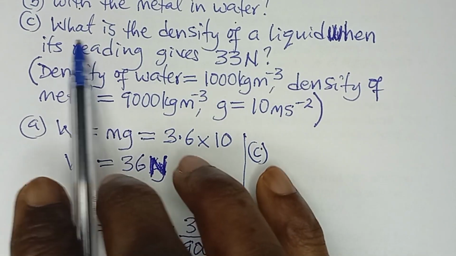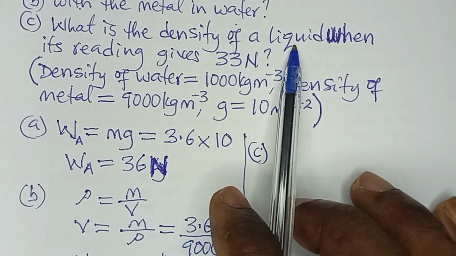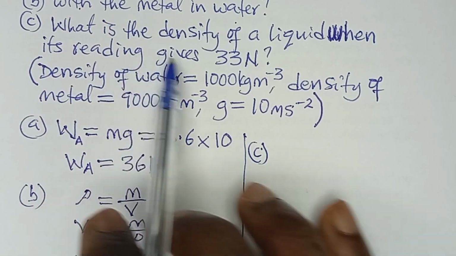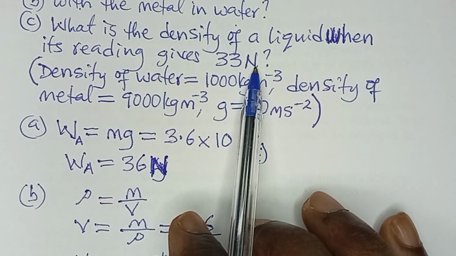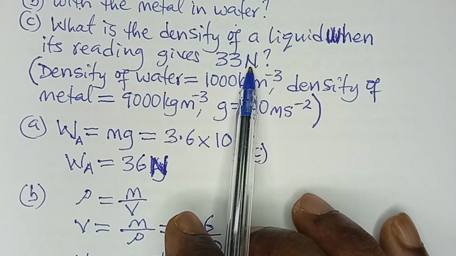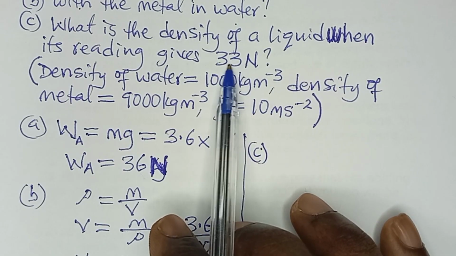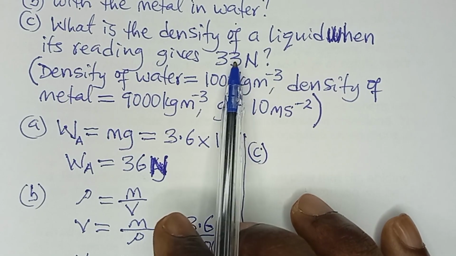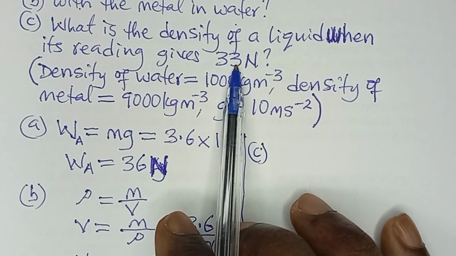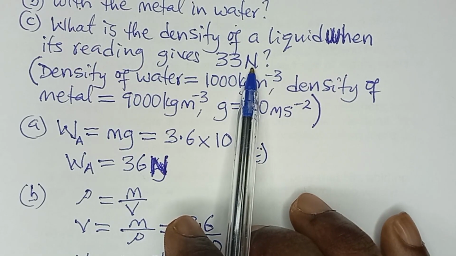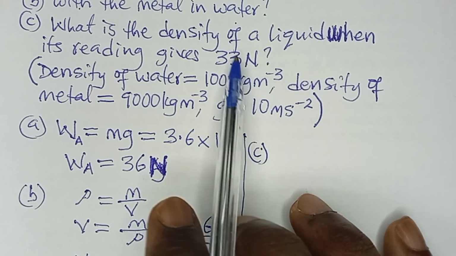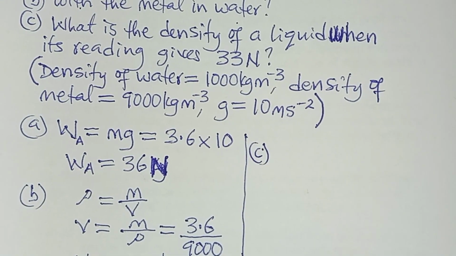So the question says, what is the density of a liquid when the reading gives 33 Newton? So when that metal is immersed in a liquid, its weight or the reading in that liquid is 33 Newton, the reading of the balance. So we have to find the density of the liquid.